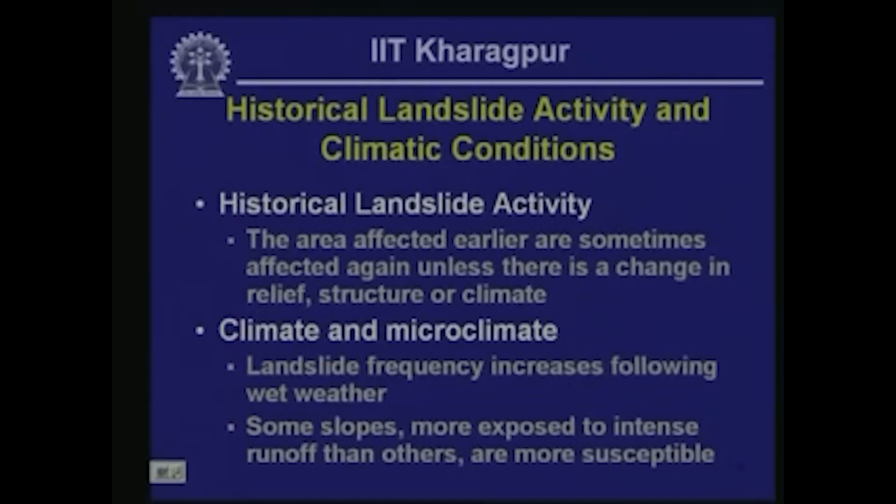So if you have an area where frequent landslides are taking place, then you can say that there is a greater likelihood of occurrence of landslides in the near future as well.